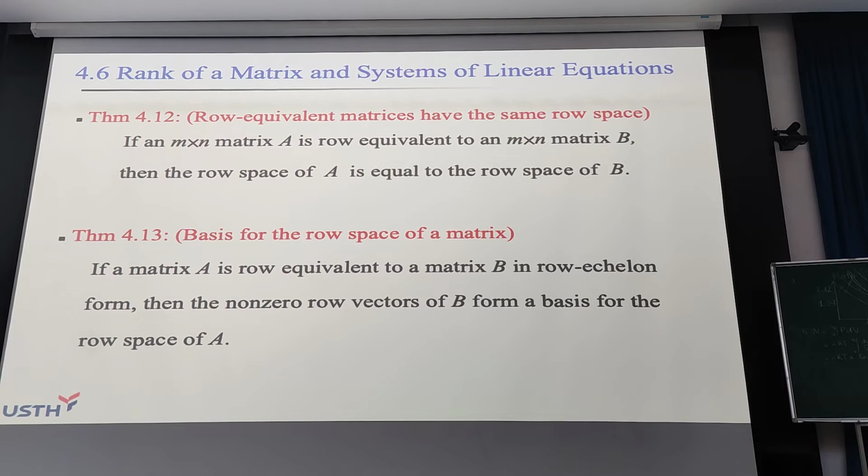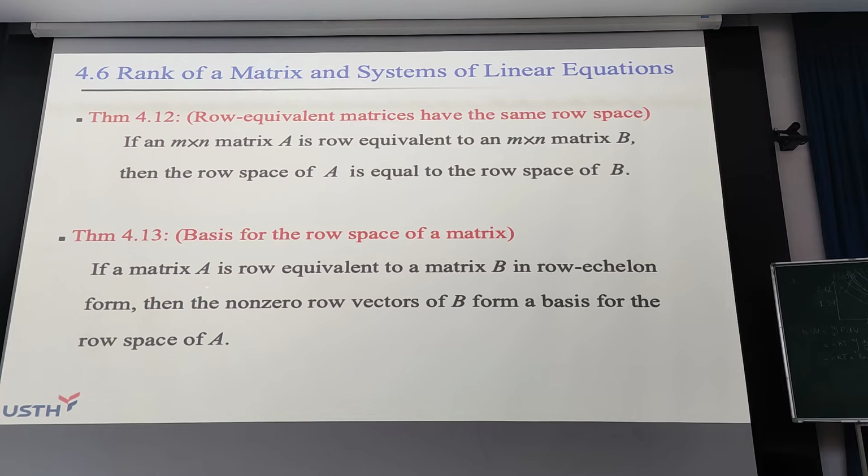Our observation says that if A and B are row equivalent to each other, then they have the same row space. Why do we need that? In order to find a basis for the row space of a matrix, we do as follows.